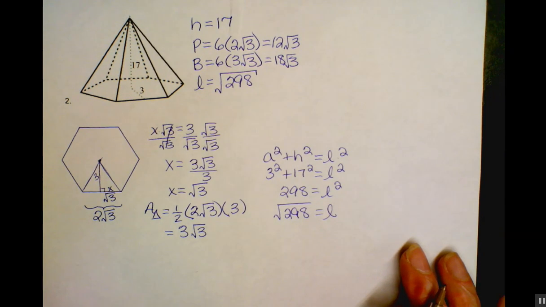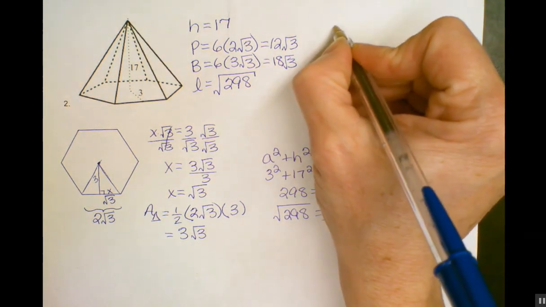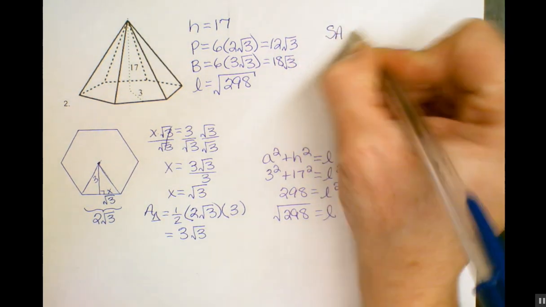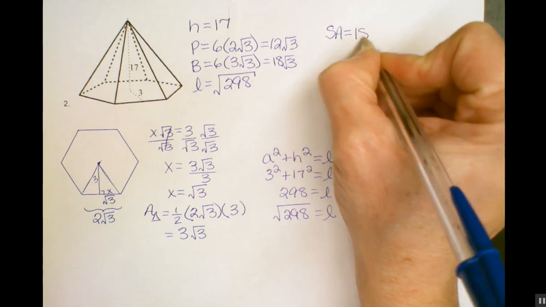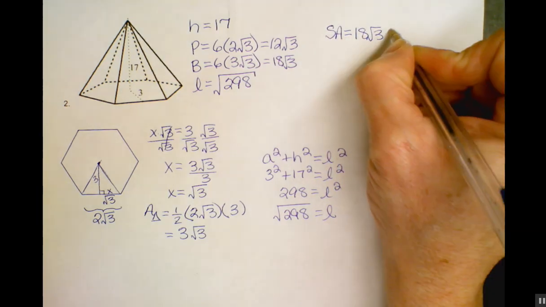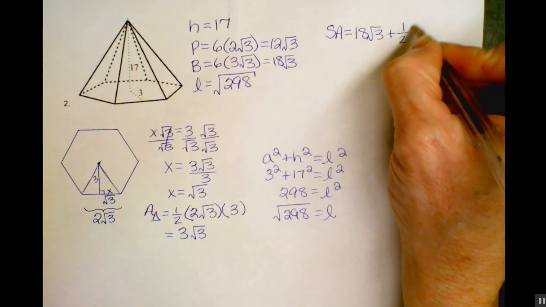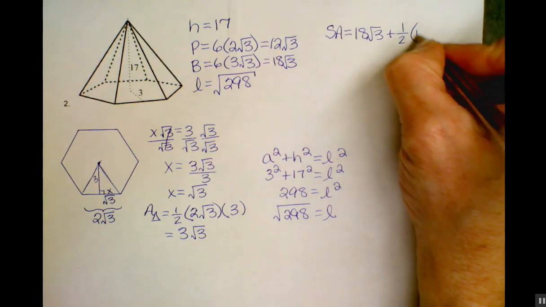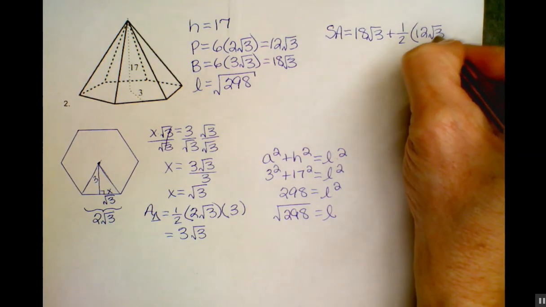Okay, so now that we have all 4 values, let's determine the surface area and the volume. Surface area, the area of the base, plus 1/2 times the perimeter of the base, times the slant height.